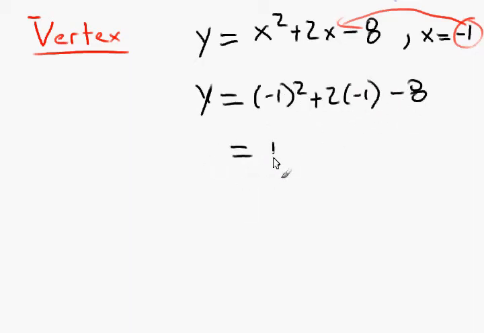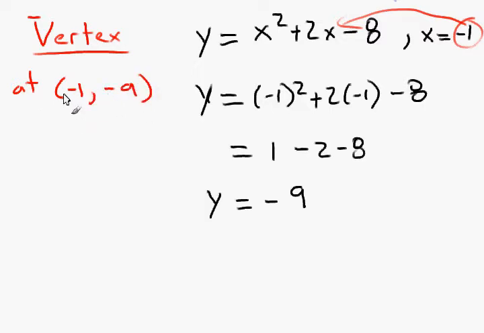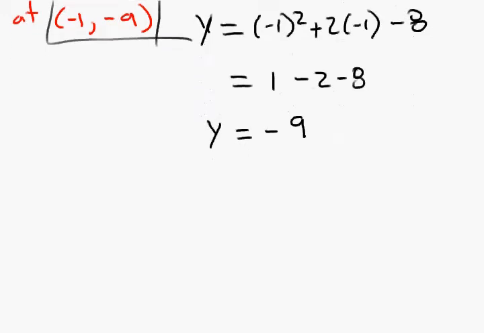That's 1 minus 2 minus 8. y is a negative 9. So this vertex is at the point -1, -9. And with this information, we can go ahead and draw a pretty good representation of this graph.